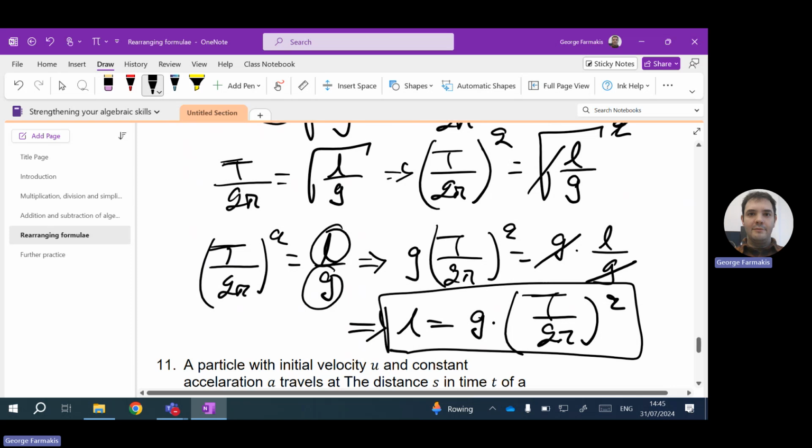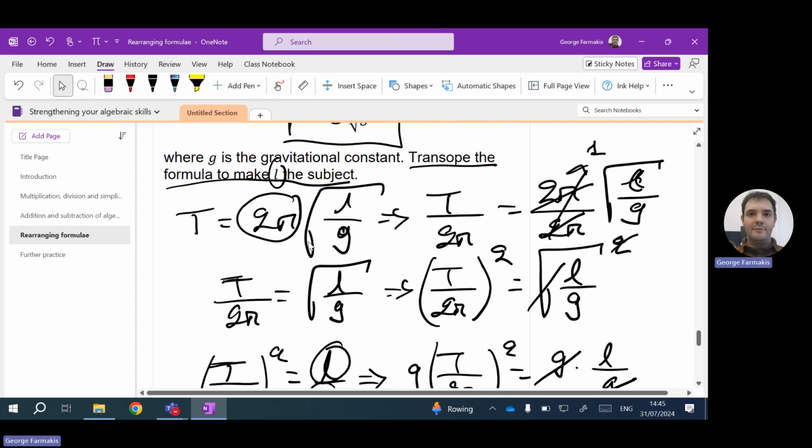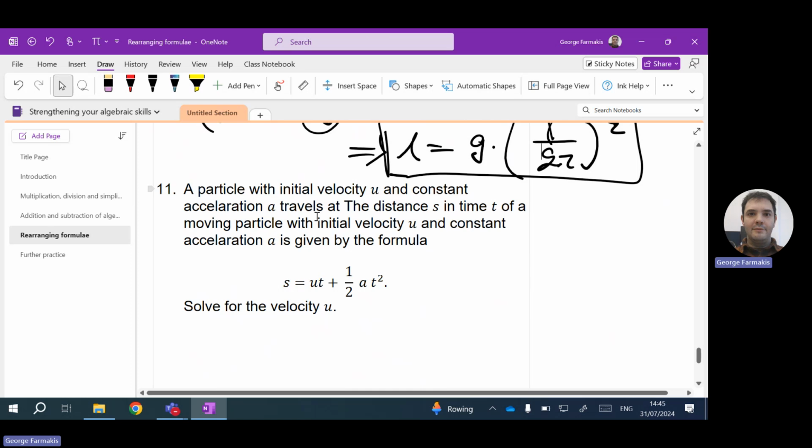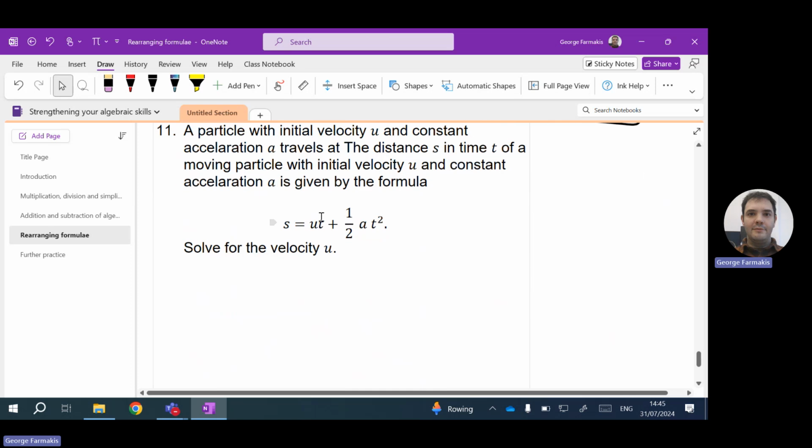So we had a formula for the period t, we rearranged it to make it a formula for L. Usually we do the opposite operation in order to isolate the new subject of the formula. Let's do our final example.